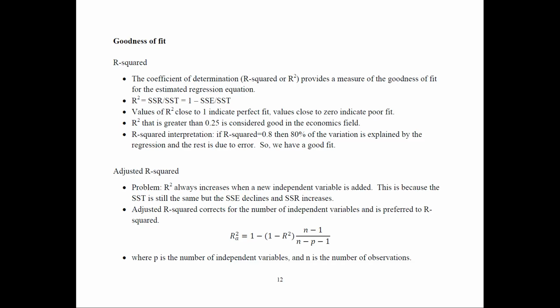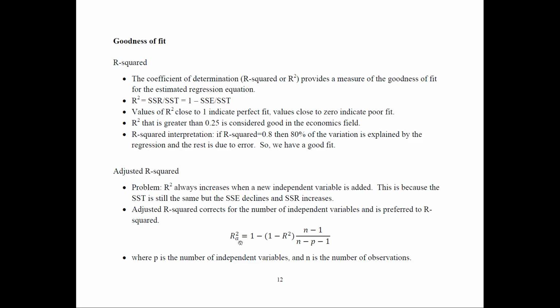It just has to, regardless of how irrelevant that variable is. However, we don't want to be putting a lot of irrelevant variables in our model, and that's why it's good to use this adjusted R squared, which corrects for the number of independent variables.